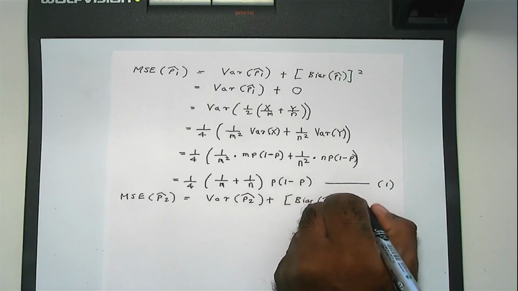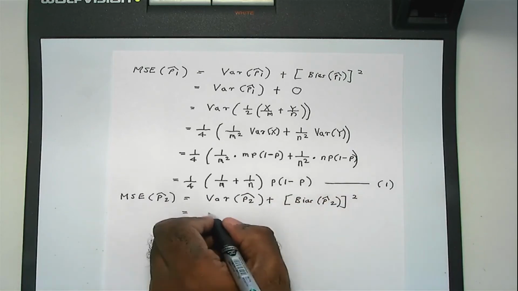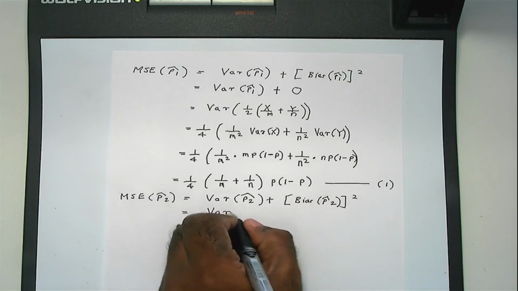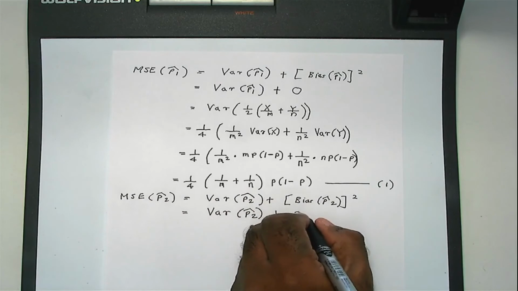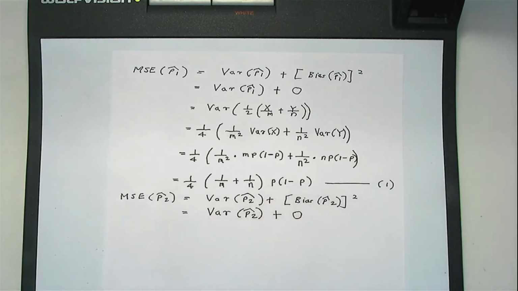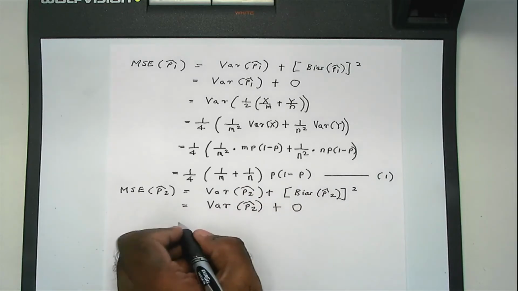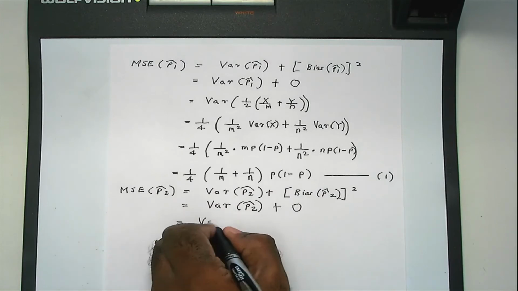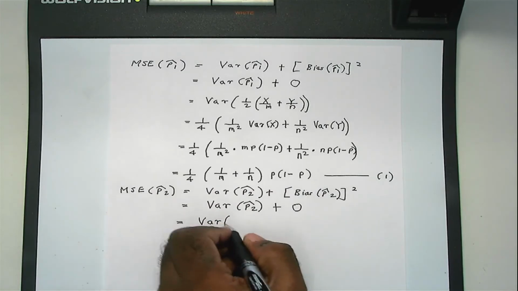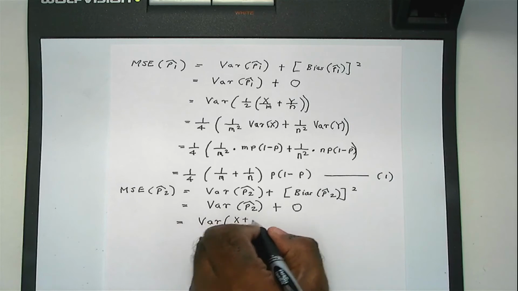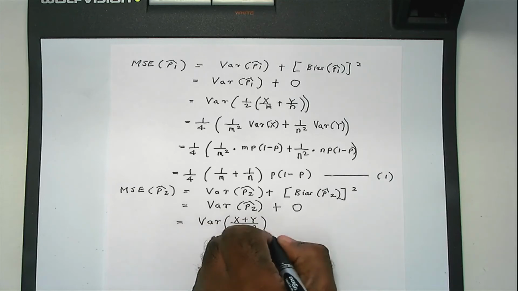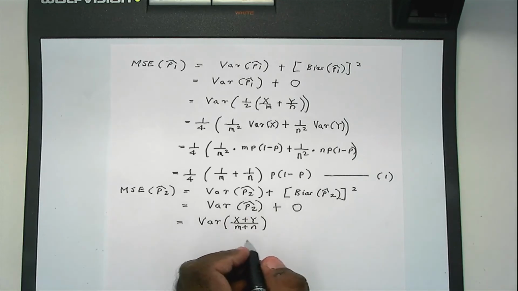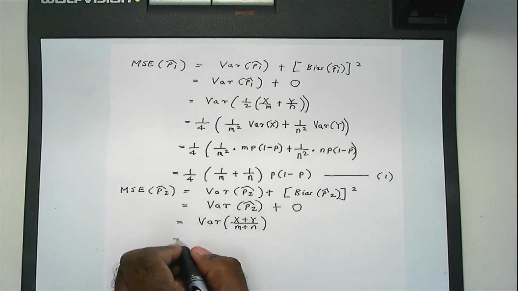Once again, the bias is 0, so this is the variance of P2 hat plus 0. So this is the variance of x plus y divided by m plus n. Now pulling the constant outside and bringing the variance inside, we get the following.